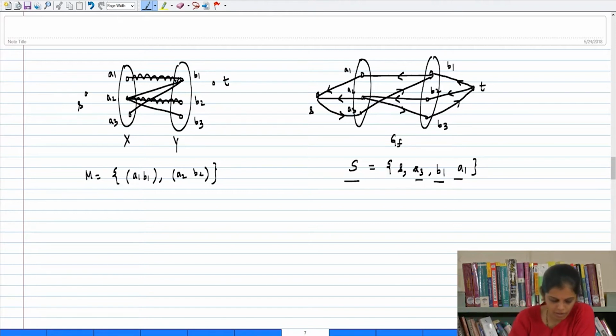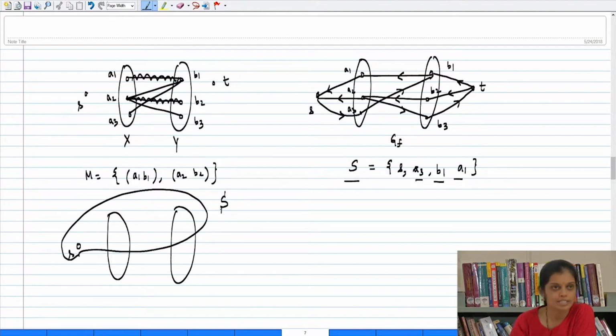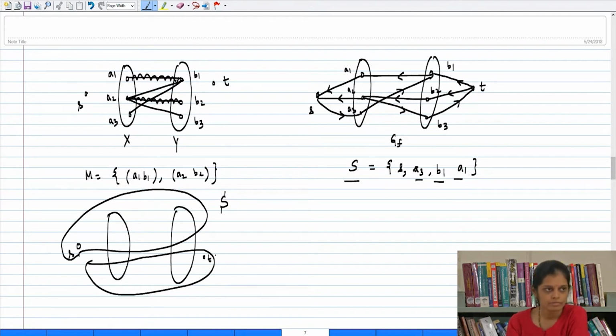The picture I will draw in general is that there is a residual network, there is S, and there is a whole set of vertices on the A side and on the B side which belong to the set S. In this case it is cumbersome to draw, but this is how the picture looks, and there are the rest of the vertices. There is no other vertex, and T must be here. I have not said that all the rest reach T, in this case they happen to reach T.